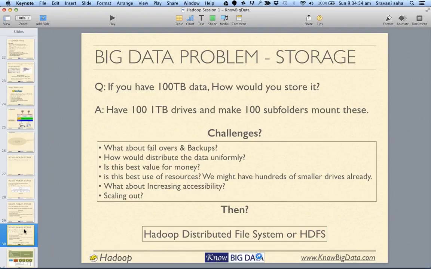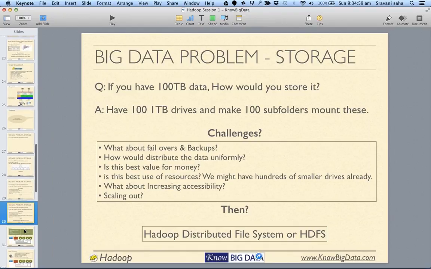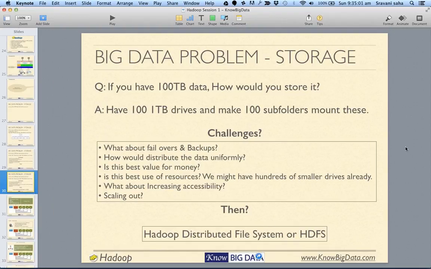So what is the solution then? The answer is use HDFS, Hadoop Distributed File System. Okay. Now we will go into the details of the design of HDFS and understand how HDFS solves these problems which we have outlined above. So is this clear to everyone? Yes?